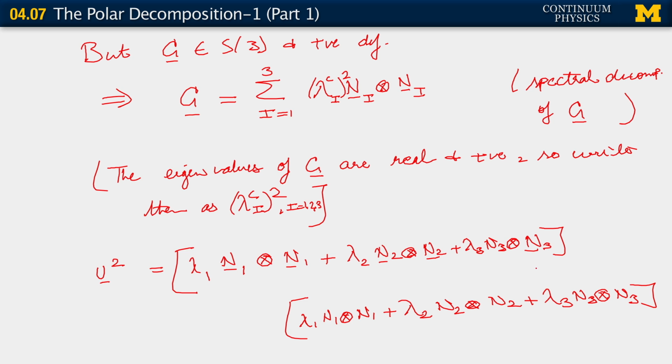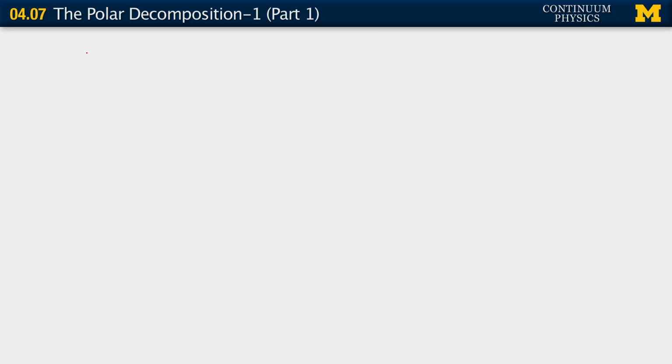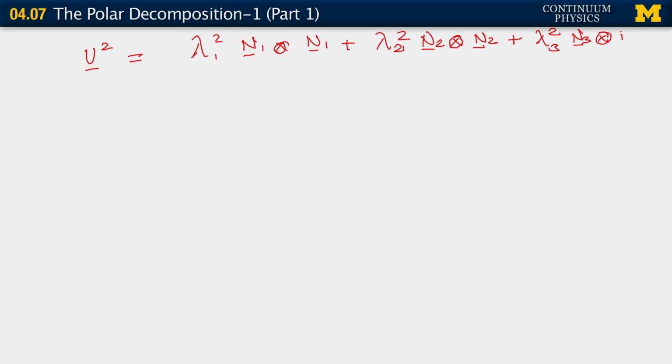So when we carry this product through, what we are going to see is that U square is essentially equal to lambda 1 square n1 tensor n1 plus lambda 2 square n2 tensor n2 plus lambda 3 square n3 tensor n3.